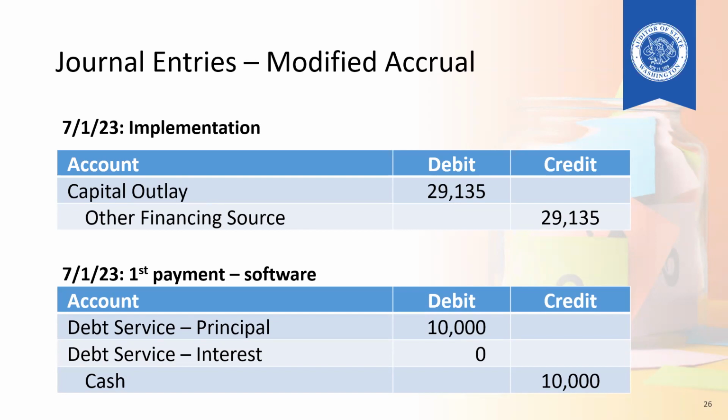So for the first payment, all $10,000 is applied to the principal and there is no interest expense. And again, these amounts in the journal entry come from our amortization table for the SBITA liability that we created in step 2. We're just using different accounts now for the modified accrual accounting.